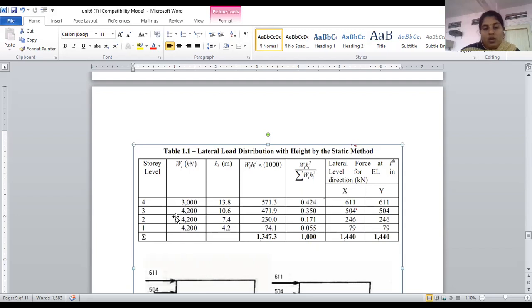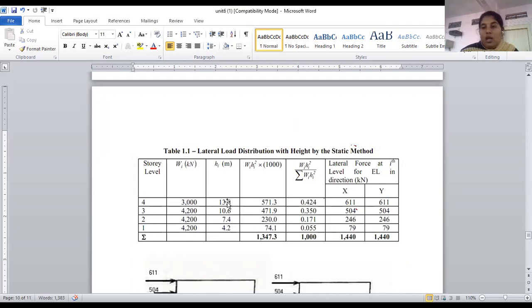Again for the third story, second story, and first story that load is the same, because the dead load which is given and the cross section area of each floor is the same, and that's why Wi is the same for the first, second, and third floor. So that's why this is 4200 kilonewton, 4200 kilonewton, 4200 kilonewton for the first, second, and third story. And there is a difference for the roof, which will be equal to 3000 kilonewton.